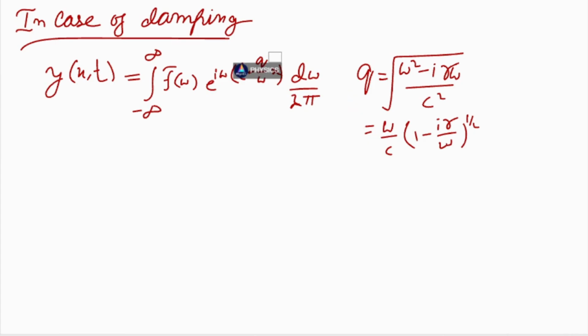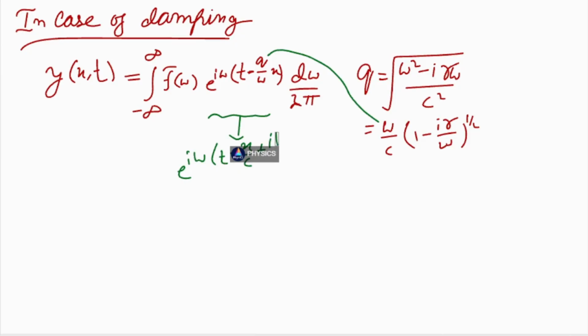What do you get? You can see this term at the exponent will be e to the i omega times t minus x over c plus i gamma over 2 omega c x, d omega over 2 pi.